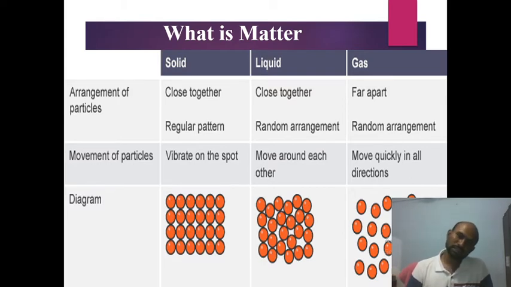In gases they also move quickly in all directions. In gases, these are the diagrams. Look here, this is a periodic arrangement, regular pattern and very close together. But in liquid that does not happen. In liquid there is no periodic arrangement, a random arrangement is there. And third one is gas. Look here, gas particles are uniformly distributed in all directions.